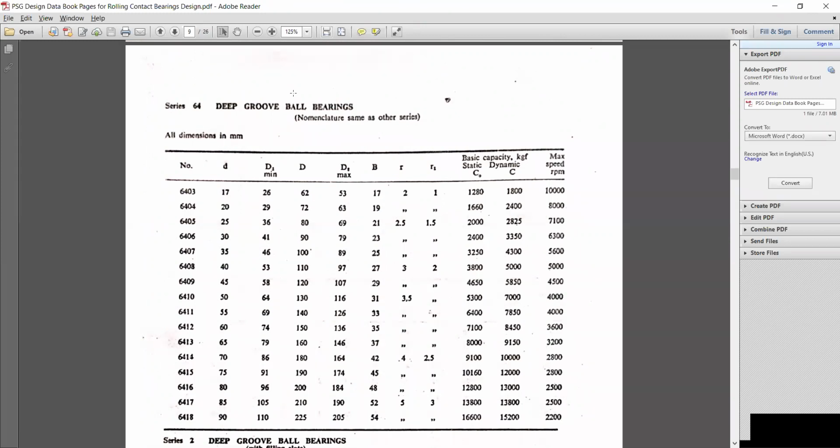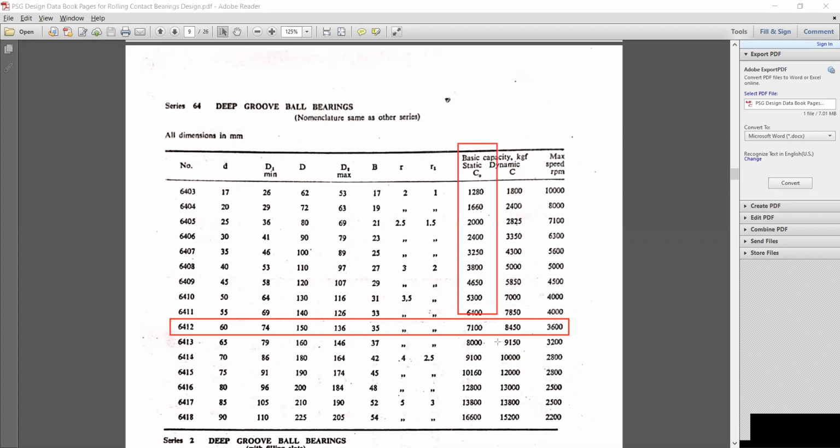we need to find out the actual values of static and dynamic capacity. I have highlighted the values, so we can note down these values as per our requirement. This column gives you the basic static capacity, and the second column, which is nearer to this one, gives you the dynamic capacity.